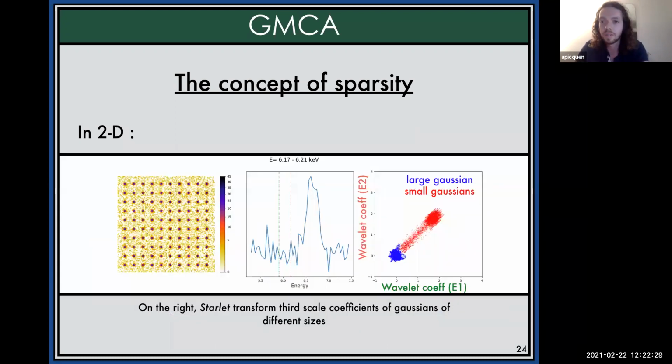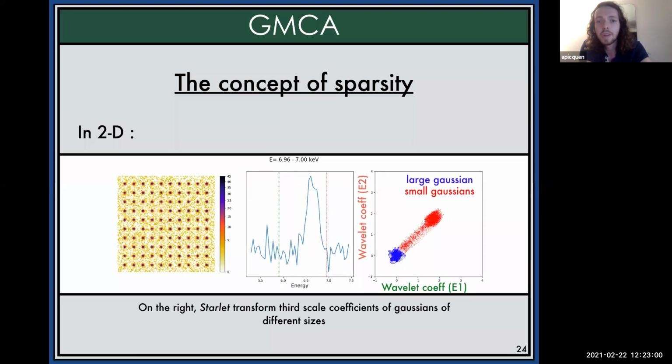So here is a very simple example. It's a data cube made of 2 components. There is one that is an image of a grid of small Gaussian blobs associated with a flat spectrum, and a bigger Gaussian associated with a Gaussian spectrum. And we will see in this little animation the different slices of the cube.